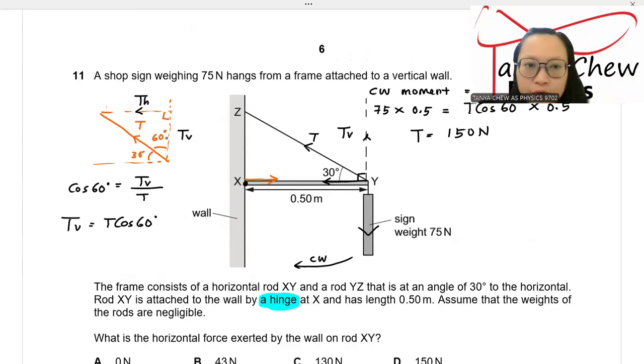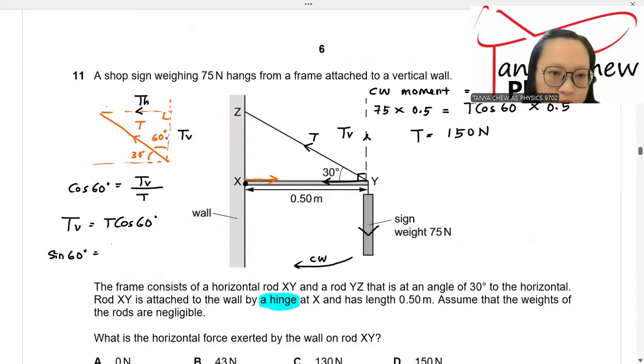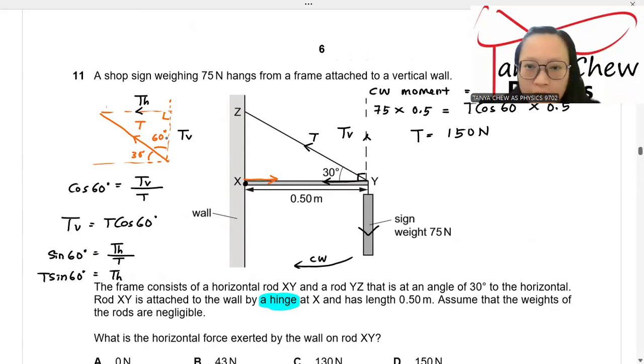So I use tension horizontal: opposite, sine 60 is equal to tension horizontal over T. So T sine 60 is the tension in the horizontal direction, which is equal to the force from the wall.